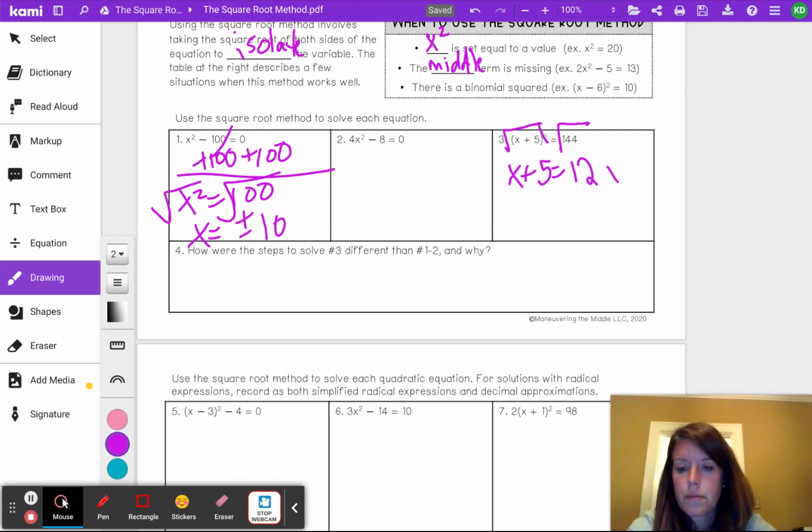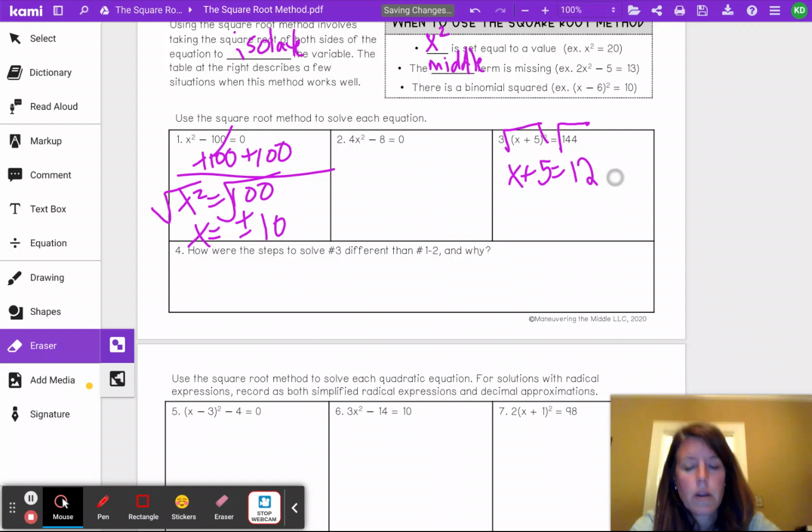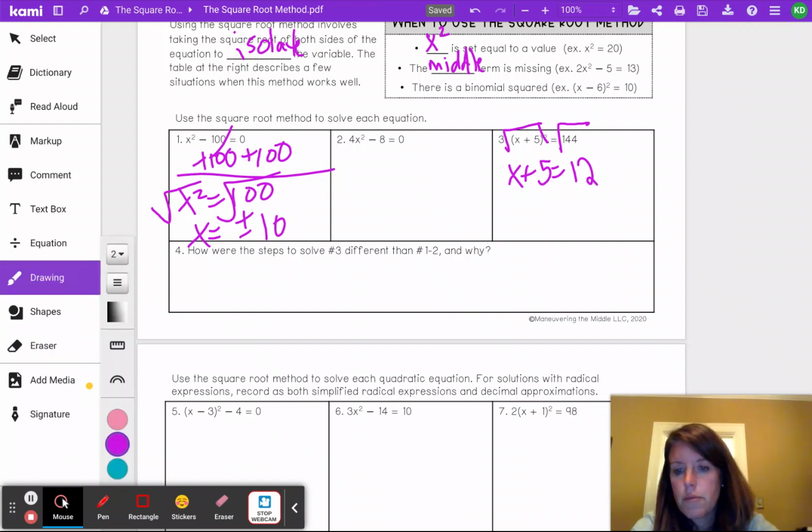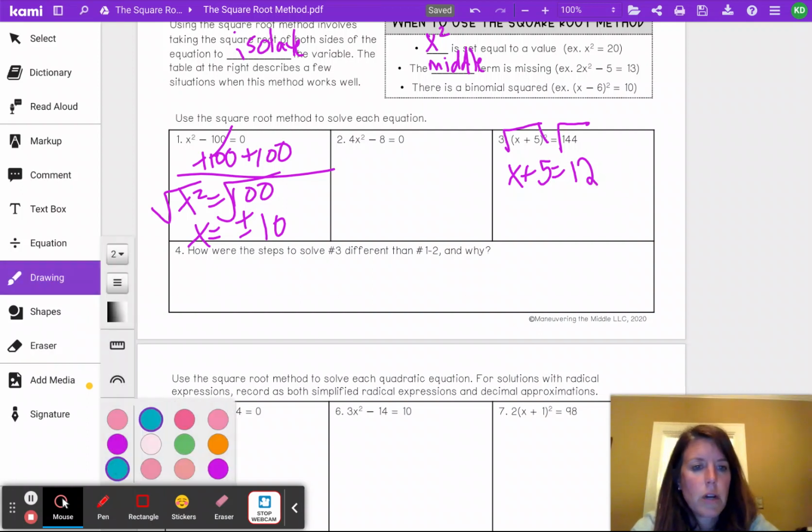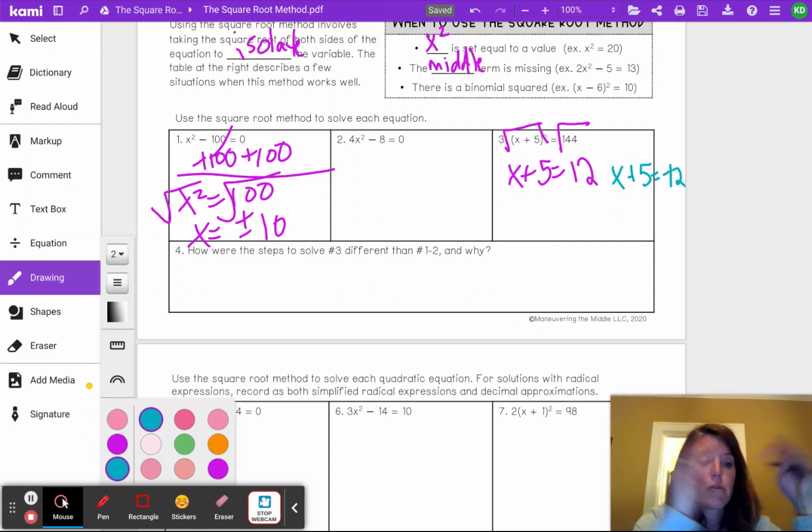I'm going to change colors here. So I'm going to write off to the side. We've also got x plus 5 equals negative 12. Okay, so we have to write out both equations because the square root of 144 is positive 12, and then we have negative 12 as well.